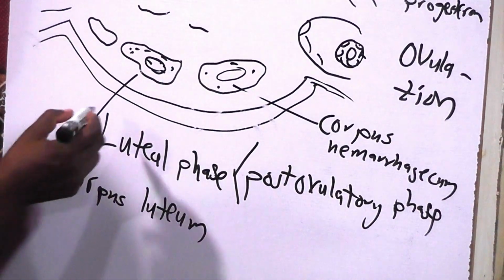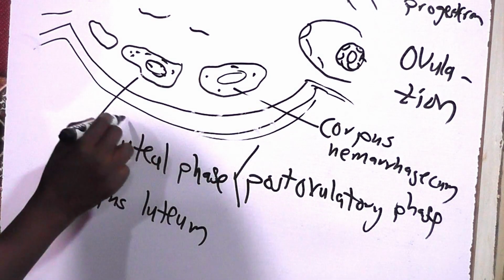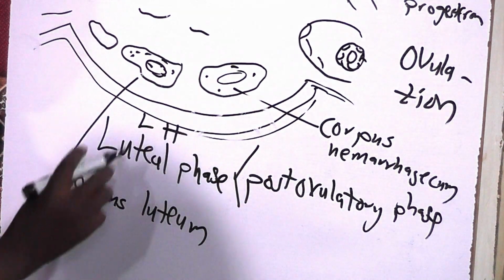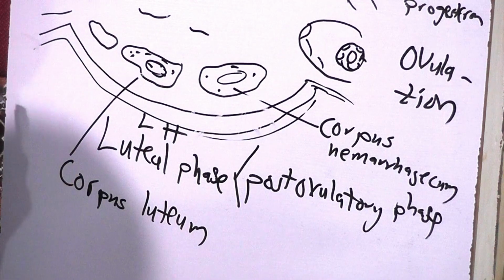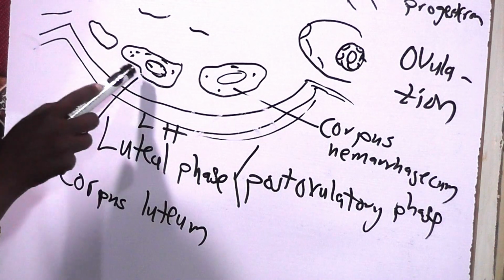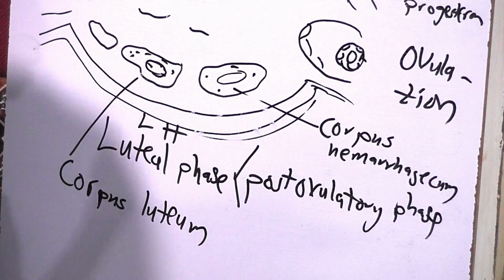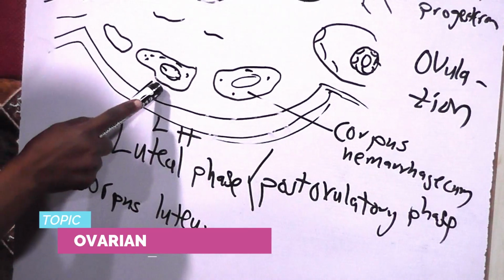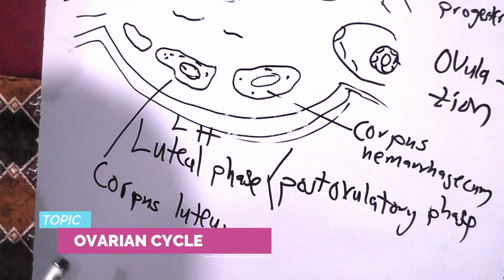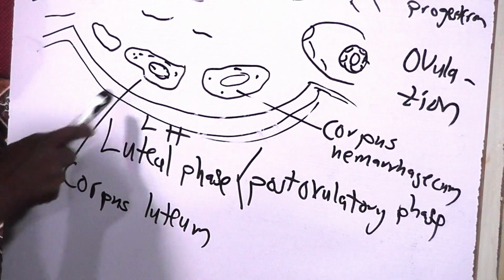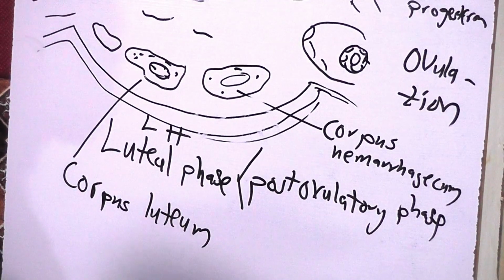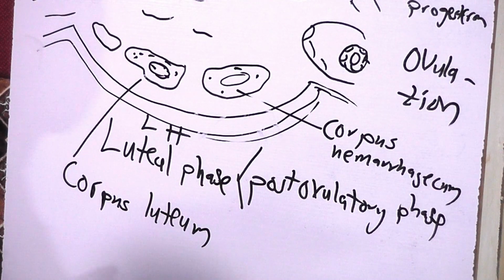The whole of this phase is being regulated by the luteinizing hormone. So the corpus luteum will continue to produce progesterone in a higher level, while the estrogen is in a lower level. So the progesterone will continue to maintain and prepare the endometrium of the uterus for pregnancy.